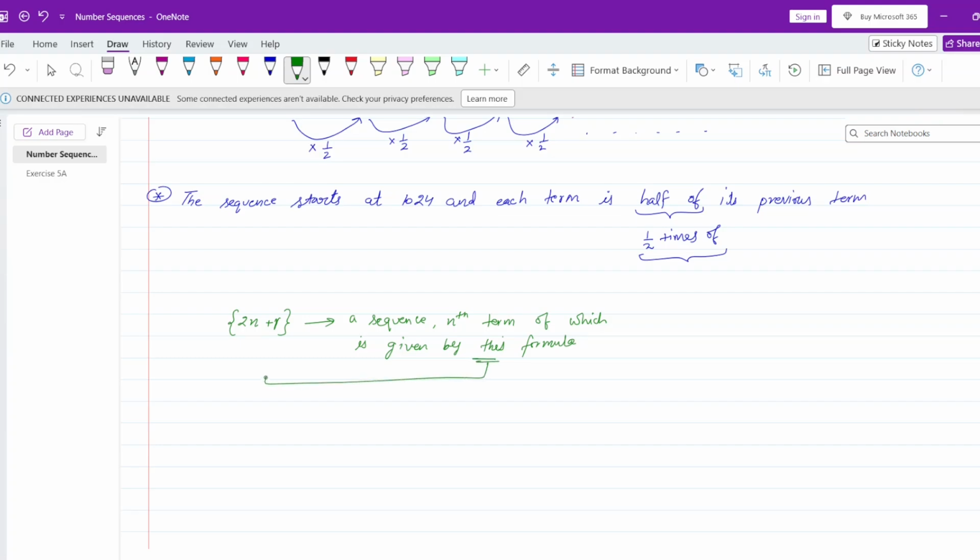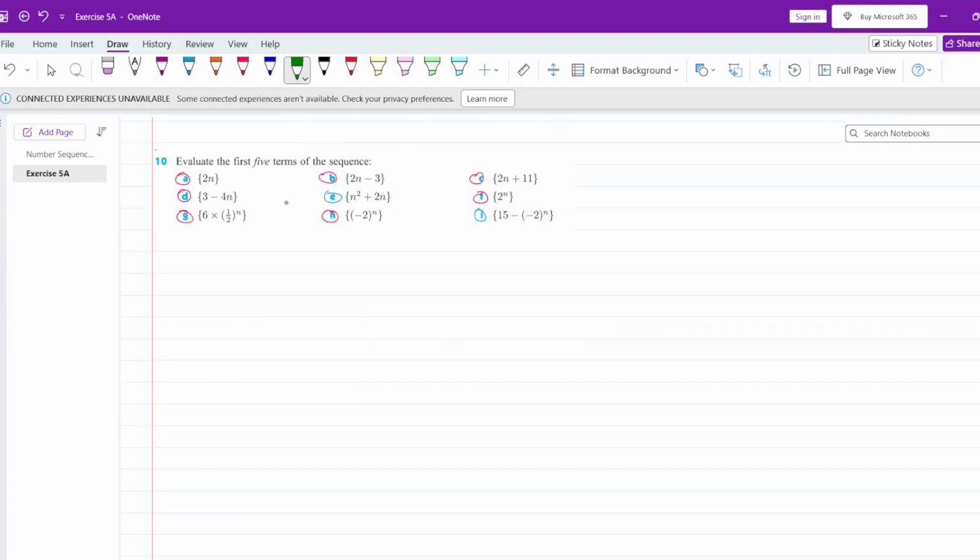In curly braces, it means it is a complete sequence. Let's go back to our exercise. So here, these curly braces mean that it is a sequence of numbers. So let's calculate that sequence.